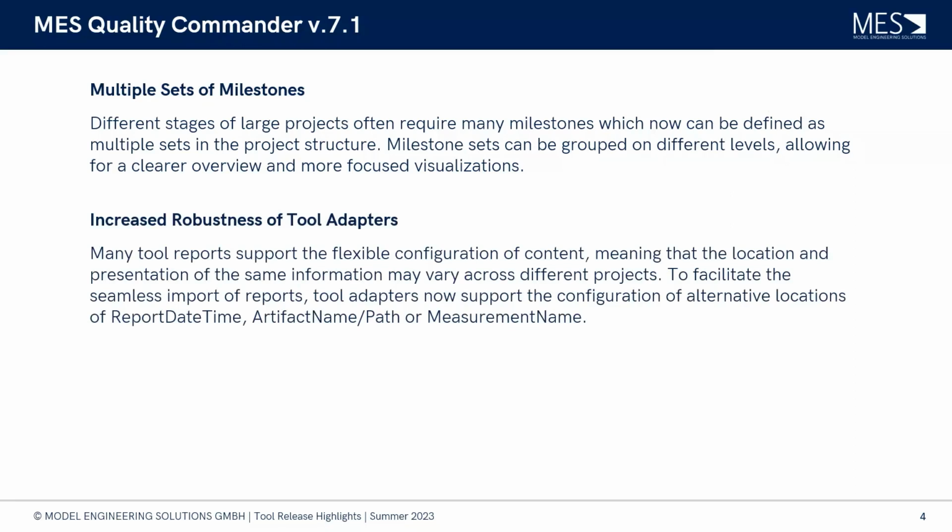And now apparently there are some tools that actually are very flexible on how the report actually looks like and where the data can be found. And I think you found a very nice way to deal with that and to optimize the robustness here, Björn, right? Can you tell us a bit more?